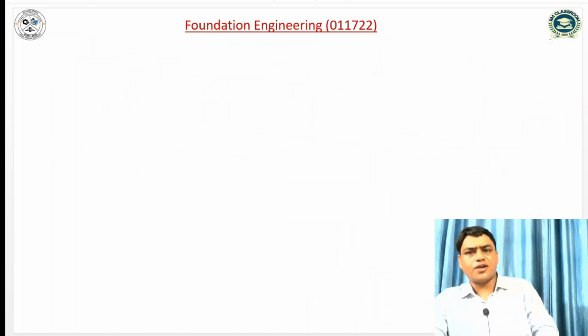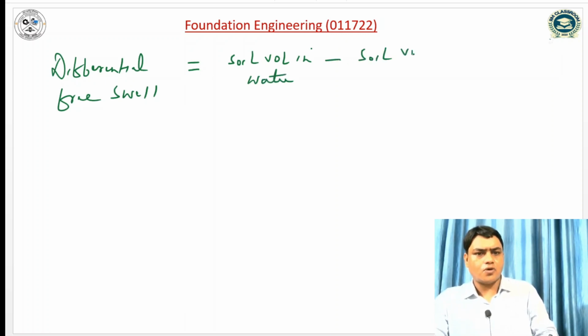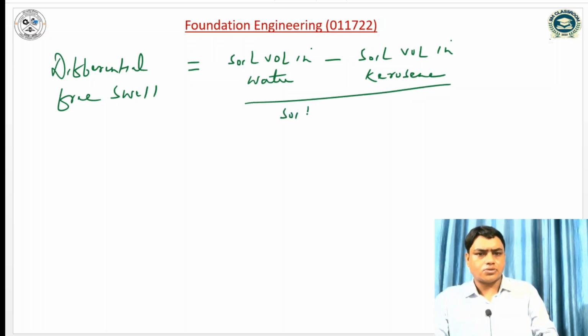So the differential free swell value can be computed as soil volume in water minus soil volume in kerosene divided by soil volume in kerosene into 100.